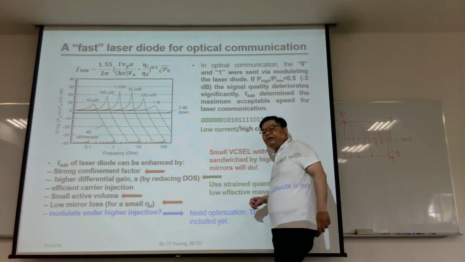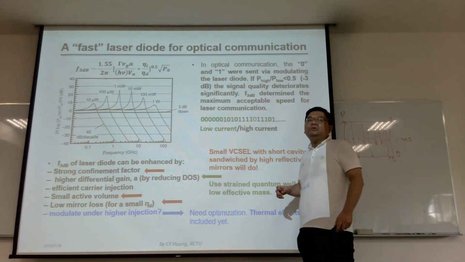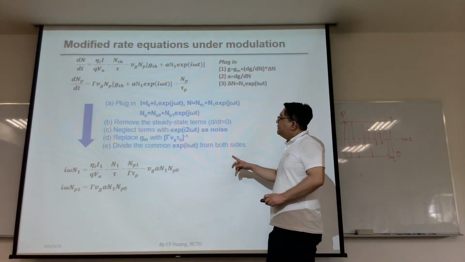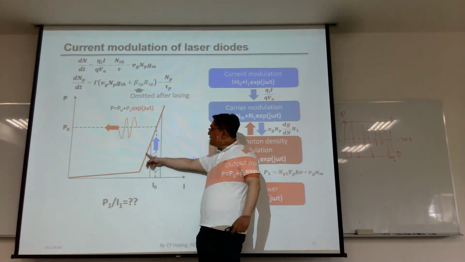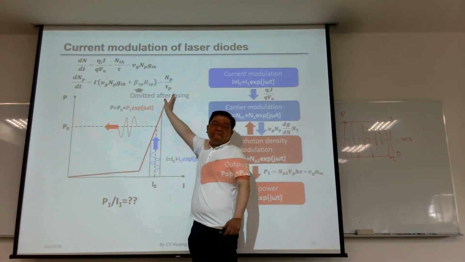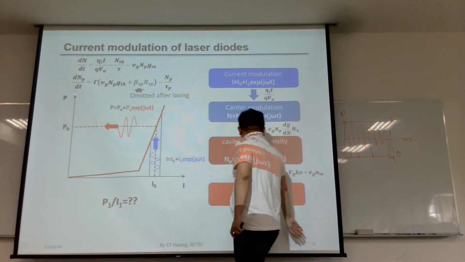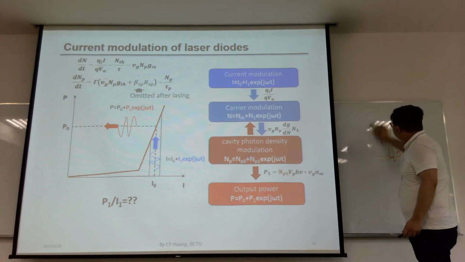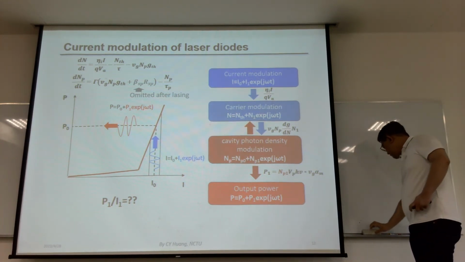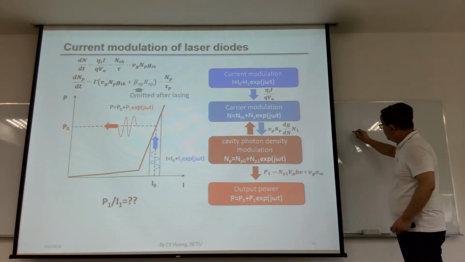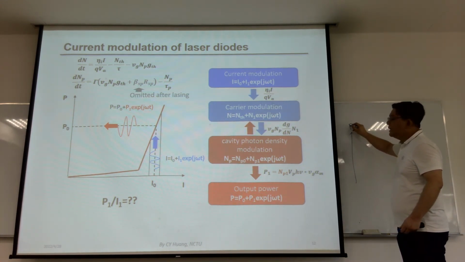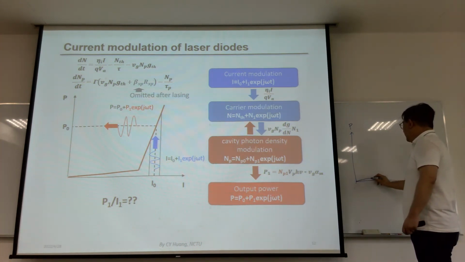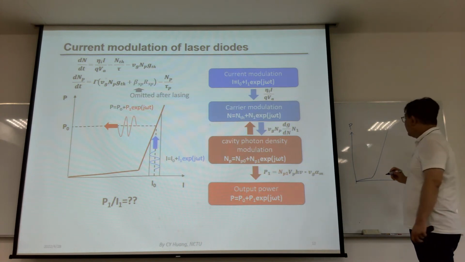Because if the output power is too high, you have a heat dissipation issue. The IV curve does not necessarily stay a straight line. This is the output power, this is the current, and ideally it will increase like this.